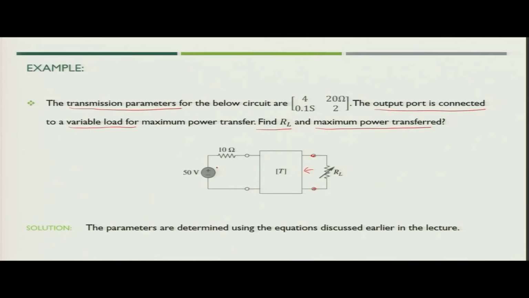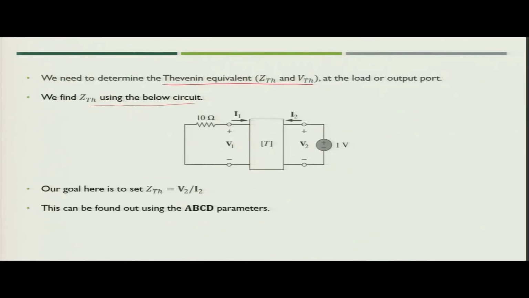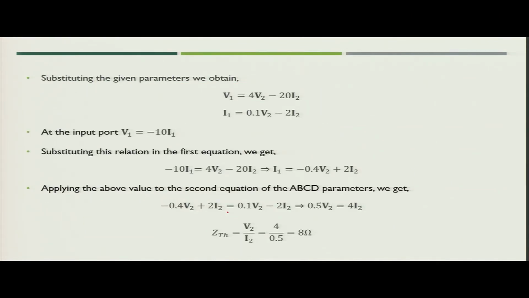So, here this independent voltage source we will short circuit, and then to find out the value of ZTH, we will apply 1 volt voltage at the output port, so that we can find the value of V2. So, when you get the value of V2 and I2, you can simply find out the value of ZTH.